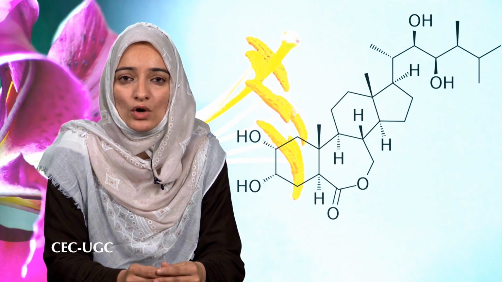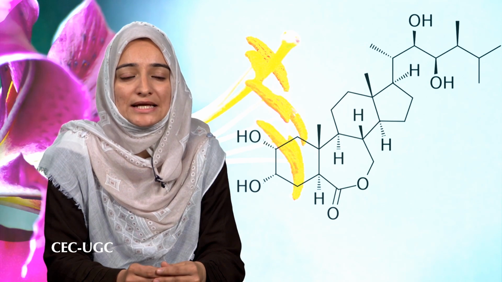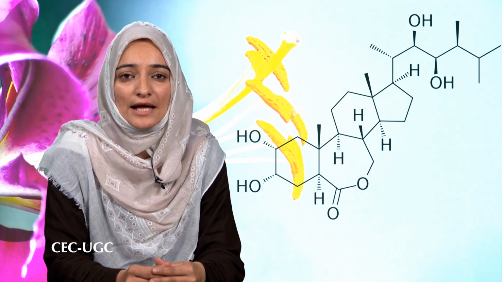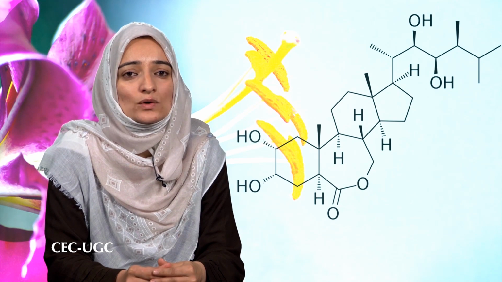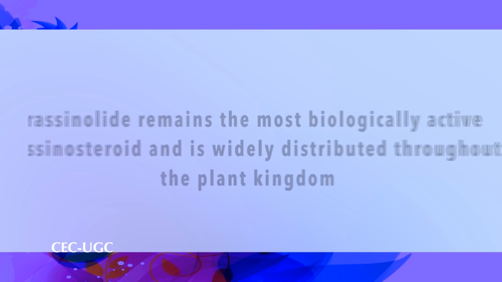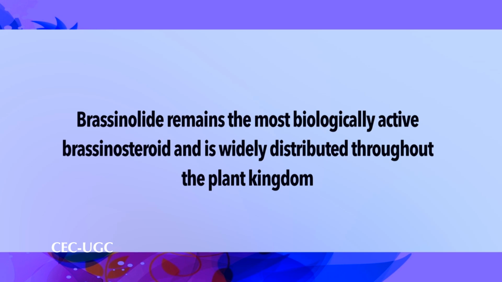As the first steroidal hormone with growth promoting nature was obtained from Brassica napus, the name brassinosteroids was given to this new class of substances. However, brassinolide remains the most biologically active brassinosteroid and is widely distributed throughout the plant kingdom.